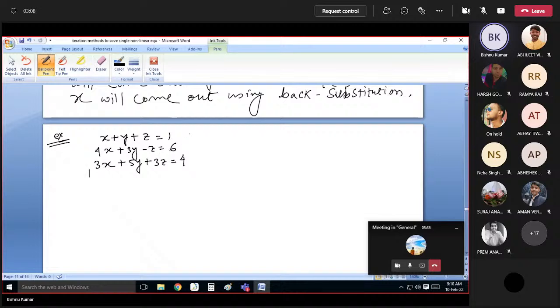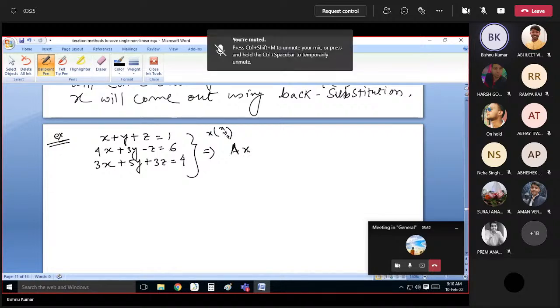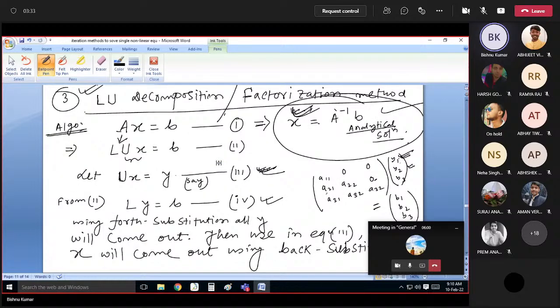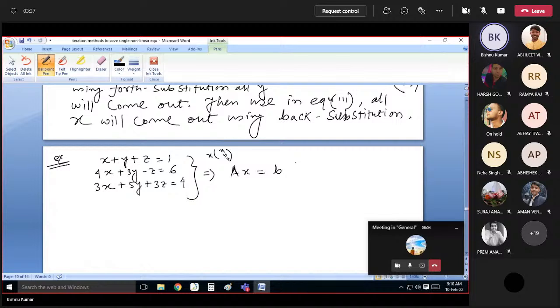So this system looks like Ax equals B, where A is the coefficient matrix, x is the column vector x, y, z, and B is the right-hand side column. That is in matrix form, isn't it? That is equation number 1. And you have to solve it.